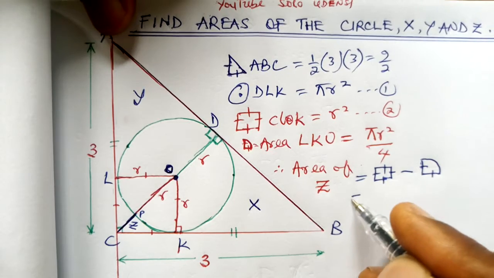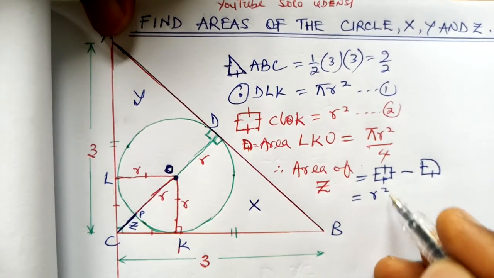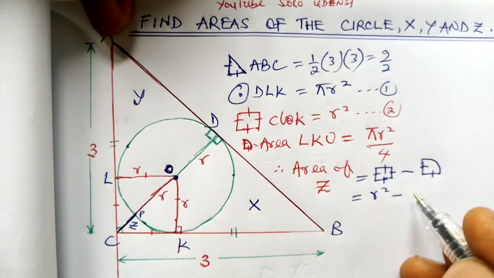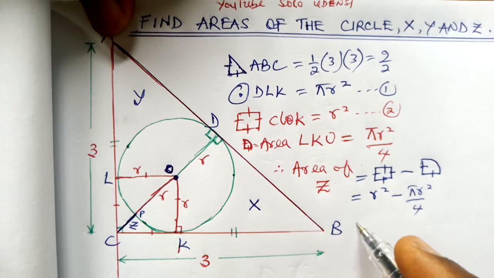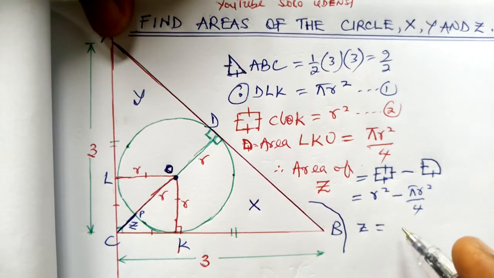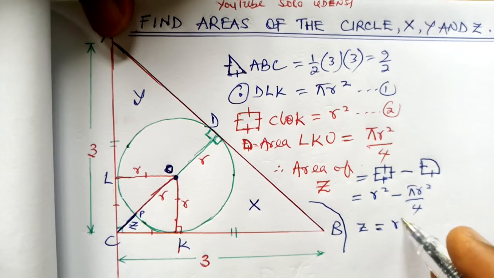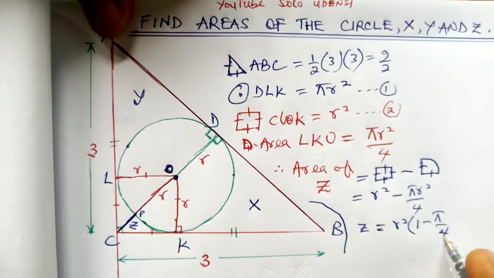And area of the square is this, equation 2, r squared. And area of the quadrant is this one, pi r squared over 4. So area of Z is equal to r squared into 1 minus pi over 4.